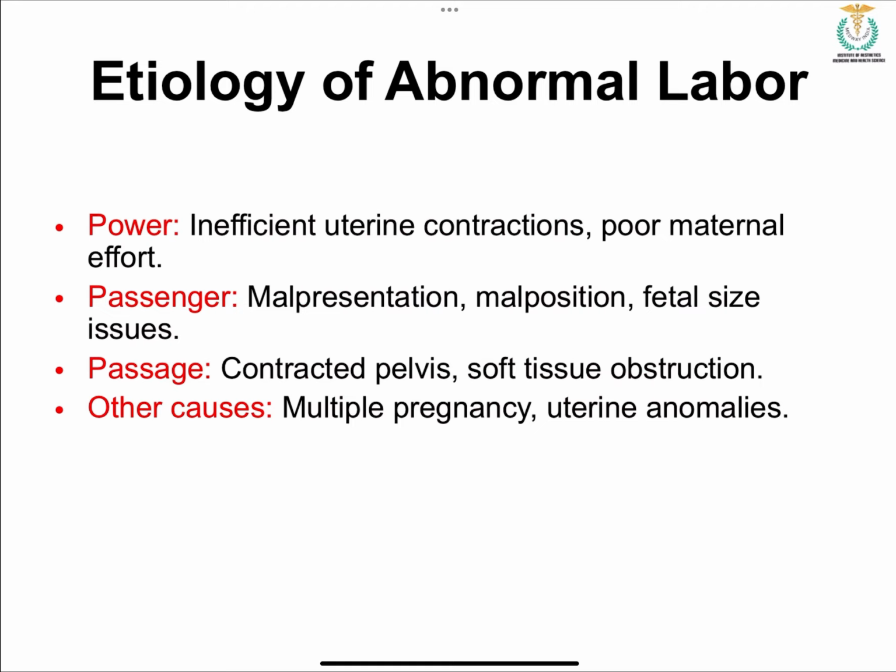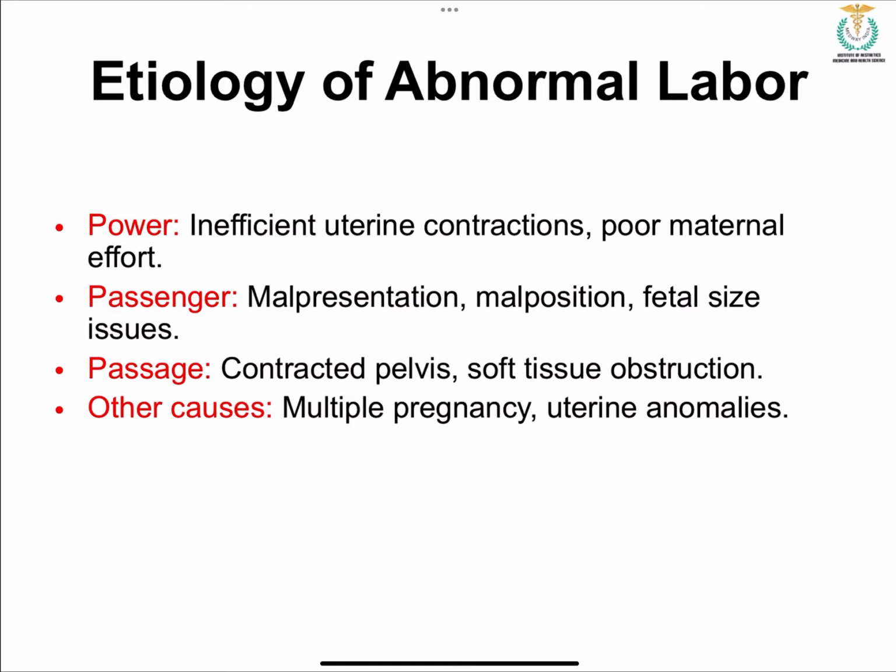Next is the other cause. One more P which I have mentioned is psych. Psychological factors like severe anxiety, inadequate support or analgesia can impair the maternal bearing down efforts in the second stage. So clinically, your assessment should be based on the 4Ps, and you should target which P is dominant.